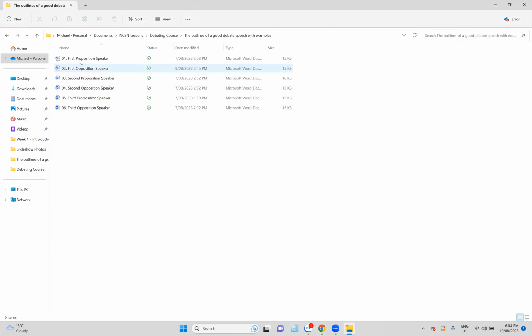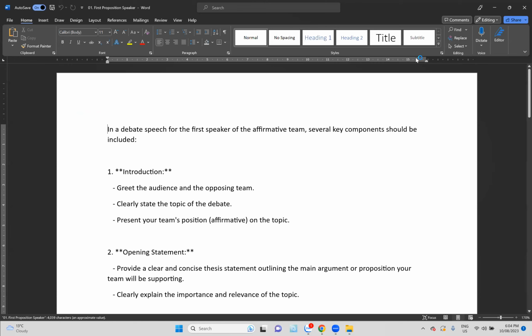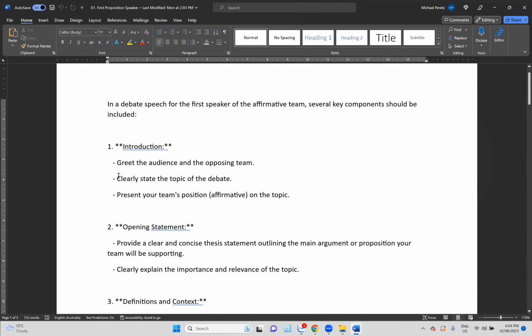So we'll start with the first proposition. Going through this list again, we look at the first 2 sections: the introduction and the opening statement. What we need to do for these parts of the speech is greet the audience, the judges, and the opposing team, clearly state the topic of the debate, and present our team's position, letting everyone know that we're the affirmative team.